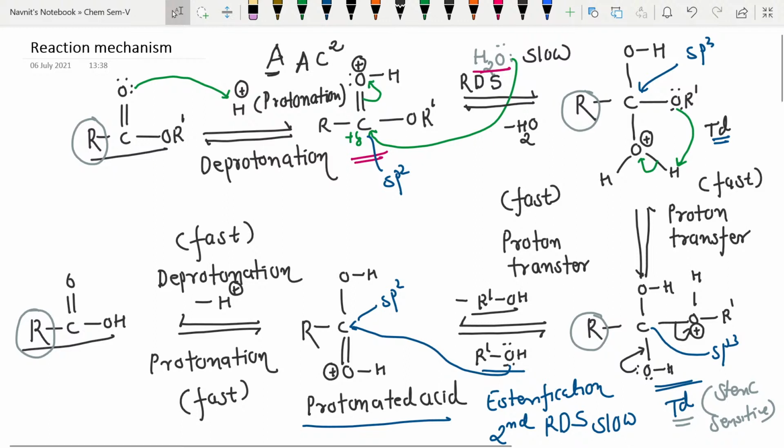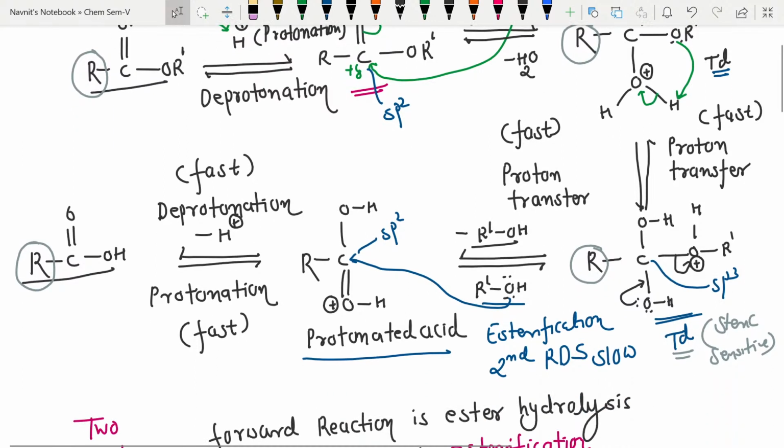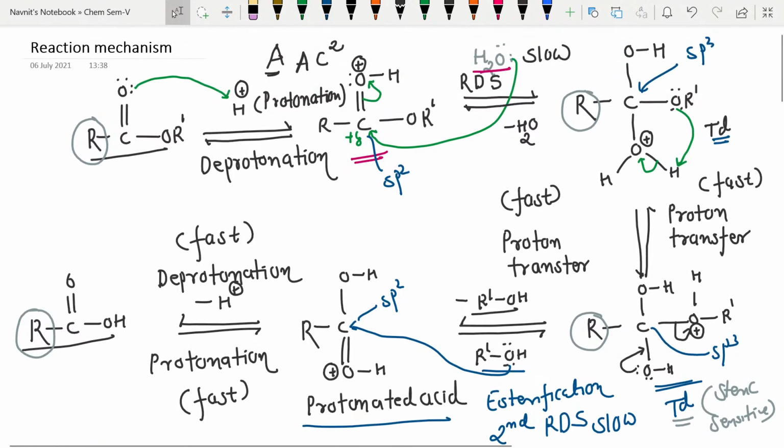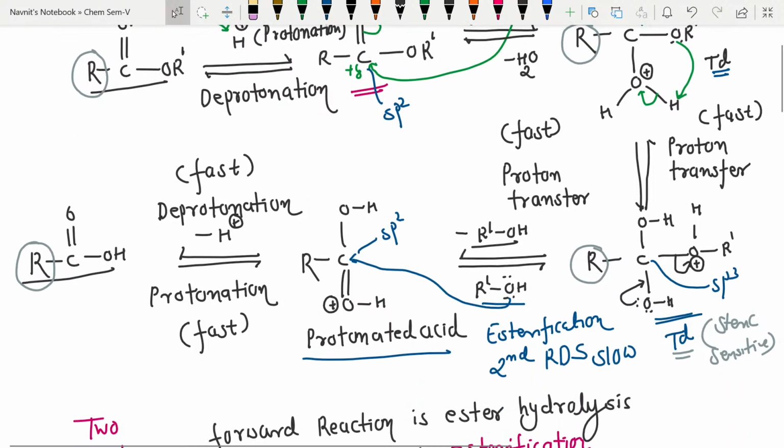Then what happens in the next step? Proton transfer, which we have discussed. Later on, the alcohol molecule is eliminated from the molecule, giving the protonated acid. The final step is a deprotonation step, which gives the acid. So when we hydrolyze the ester in the presence of acid, we get acid plus alcohol.